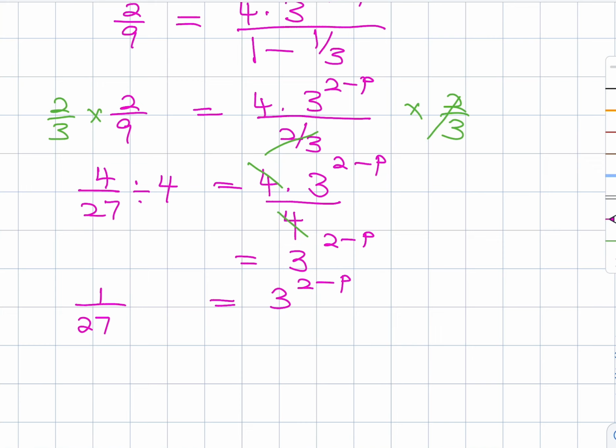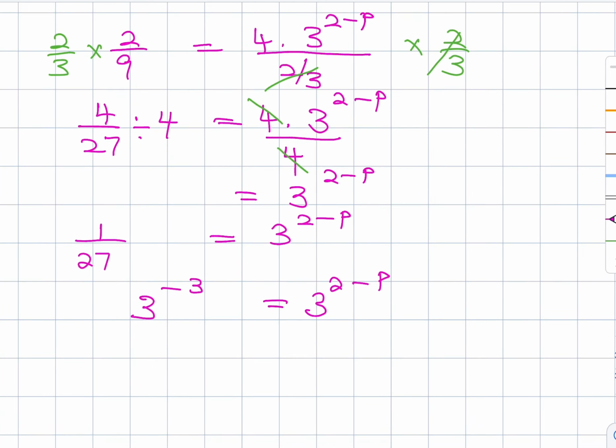At this stage, you can use a log, or you can change this to be base 3. So 1 over 27 to base 3 is 3 to the power negative 3, which is equal to 3 to the power 2 minus p. Then now you have the same base, you just equate the exponents.